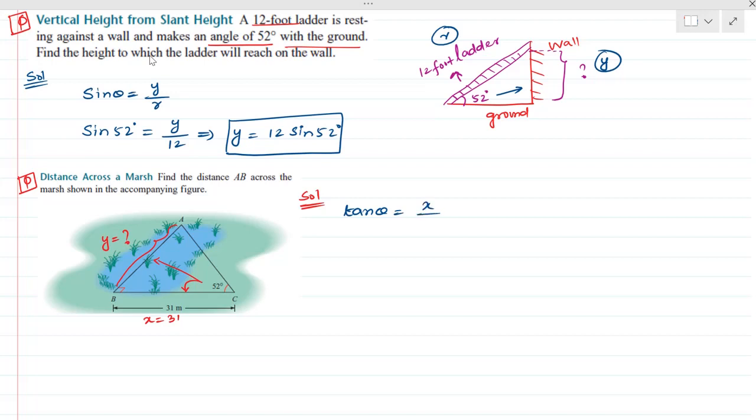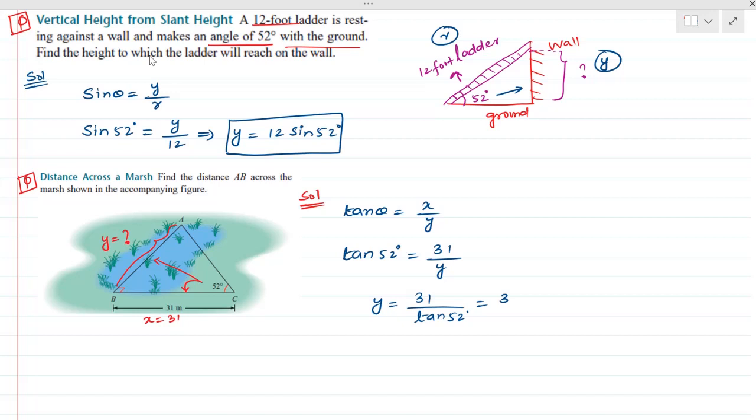Tan theta is x over y, and the angle is 52, again not a standard angle. So tan 52 equals 31 over y. Now cross multiply and you get y equals 31 over tan 52.